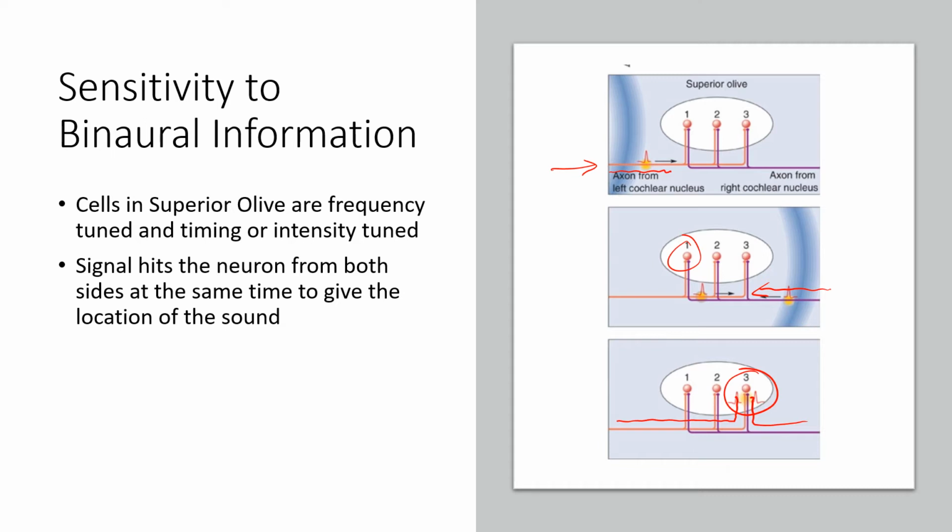The right ear has longer to travel, but in this case, cell 3 is the one that's going to respond to something coming in from the left, because that's the one that's going to receive it first. It's going to travel a greater distance, and cell 3 says, hey, that sound is coming from over here on the left-hand side of space. So the coincidental timing of the signals resulting in the largest amplification is going to tell the brain, hey, cell 3 is the one, and we know where cell 3 is in the physical world around us.